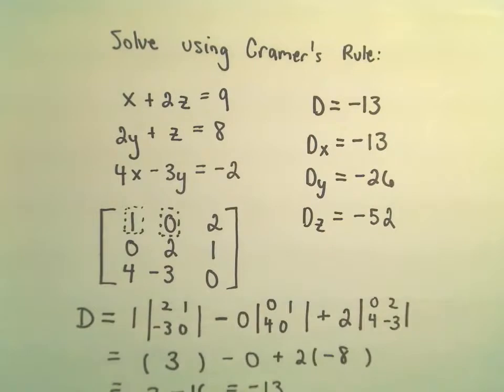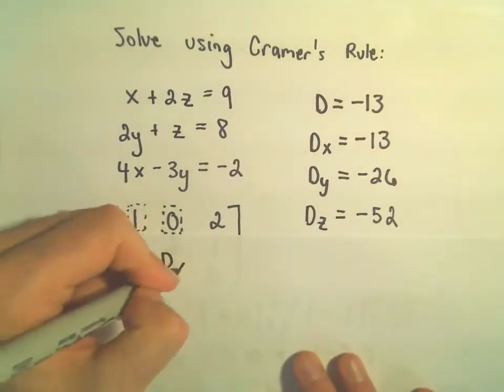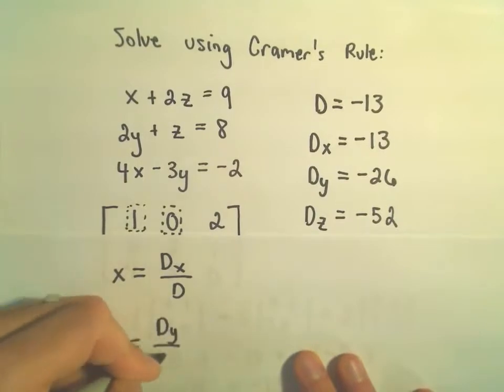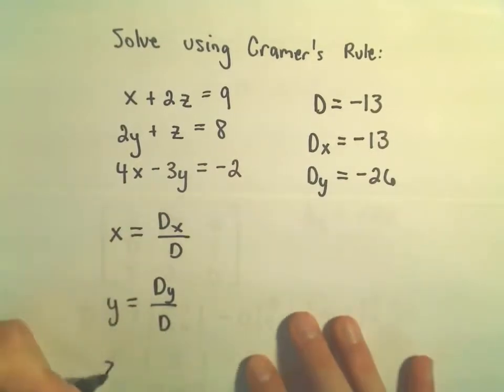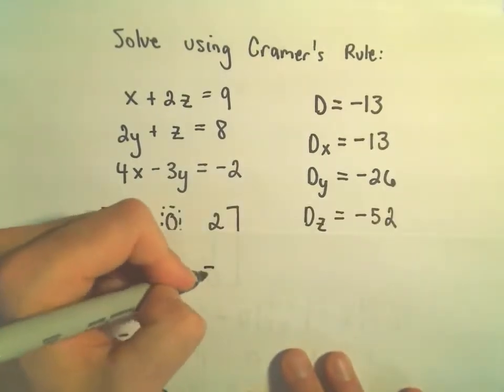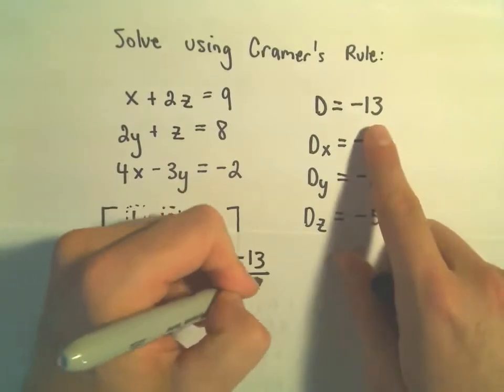And now all we have to do to actually calculate our solutions is, to get our final solutions, we take d sub x over d for x, d sub y over d for y, and d sub z over d for z. Well, our d sub x, we got negative 13 over negative 13.